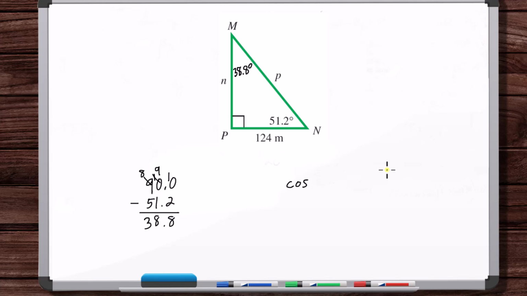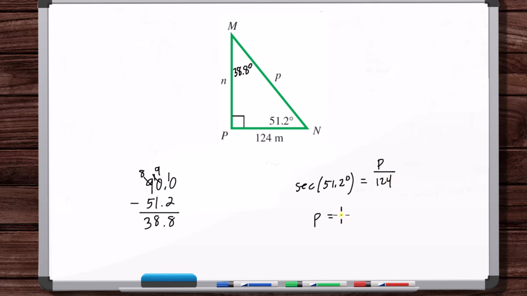I'm just trying to show you the different perspectives. Why don't we do the inverse of cosine? So secant of 51.2 degrees. So secant is not the inverse, it's the reciprocal of cosine. Cosine is adjacent over hypotenuse. So we have hypotenuse over adjacent.